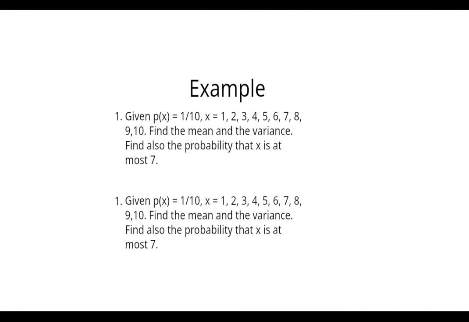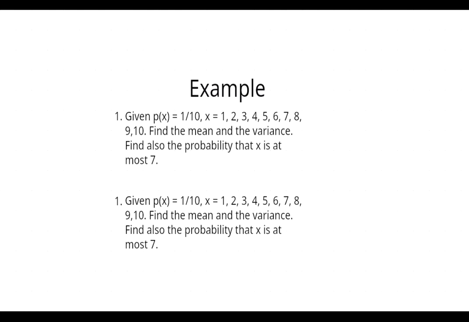Now, given f of x, and don't forget, I told you 2 things that you can use to identify whether you have a discrete distribution or a continuous distribution. The first one, which does not usually fail, is the fact that when you have x in an interval, we say 1 is less than x is less than 10.